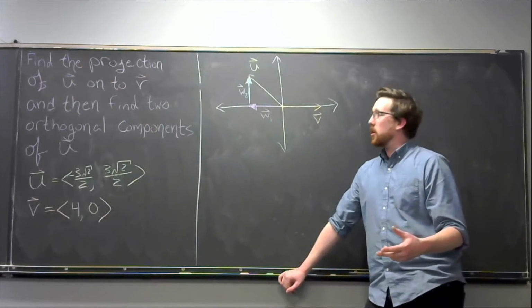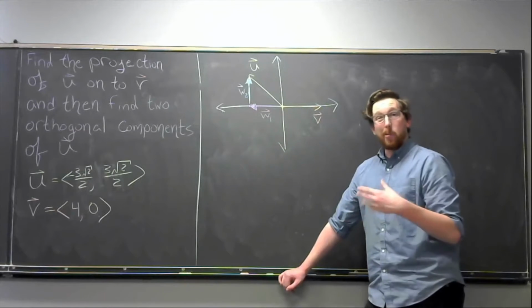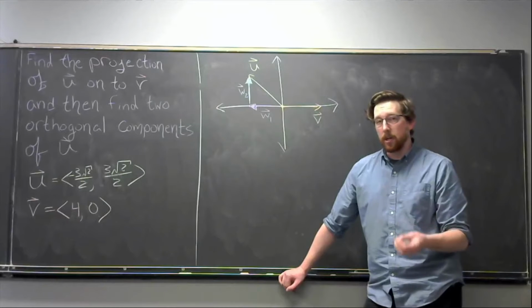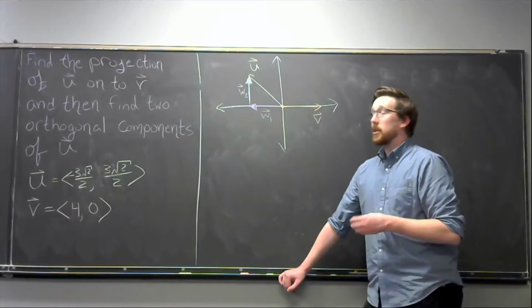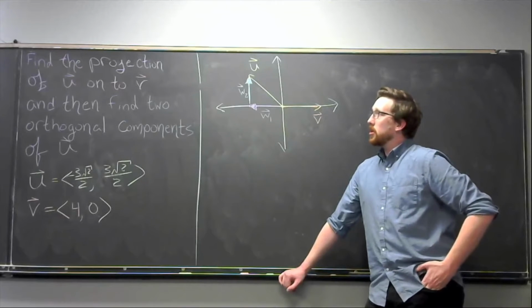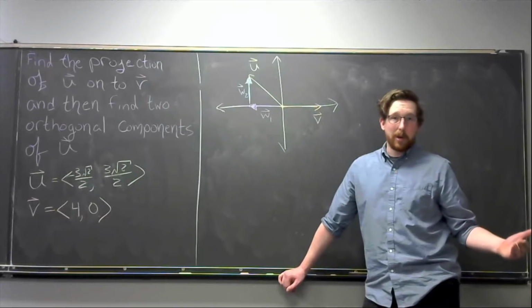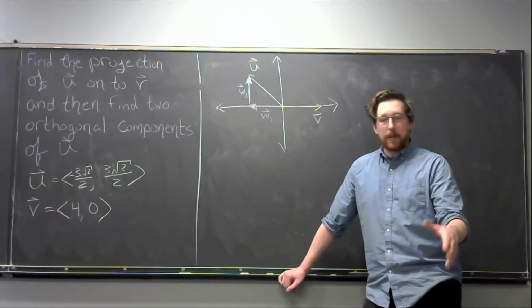Because I really want y'all to take time to absorb this material and really understand it, really focus on it, this is going to be the last example for the lecture video. Notice though, the example is the exact same question as that previous question, right? But the vectors are different.